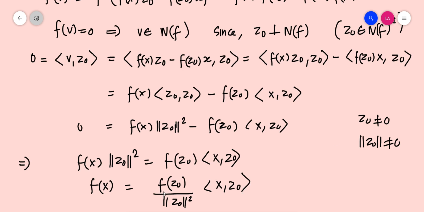We can write it in this form. We can divide throughout by norm z0 squared because norm z0 is non-zero.